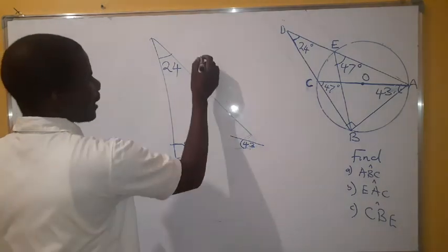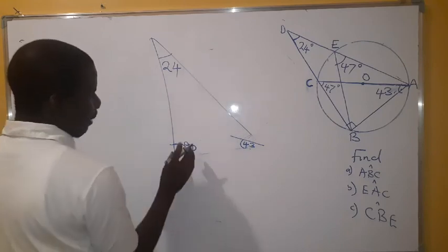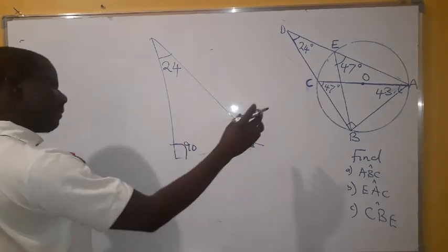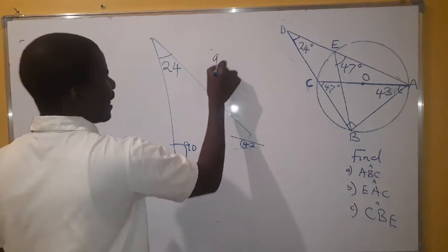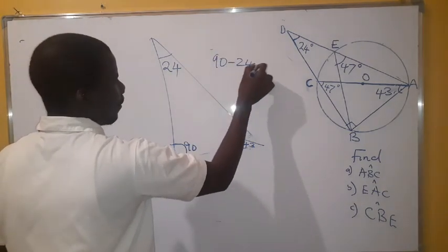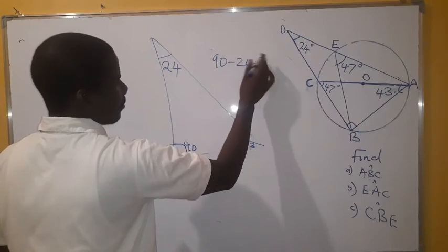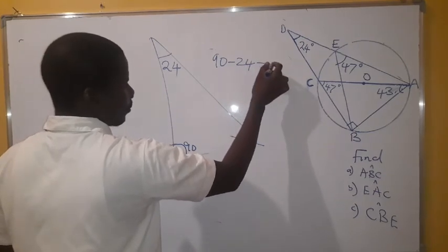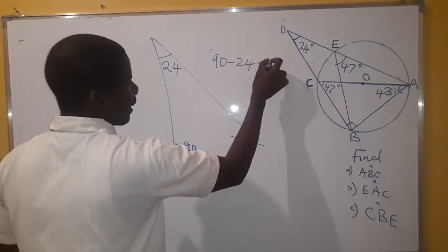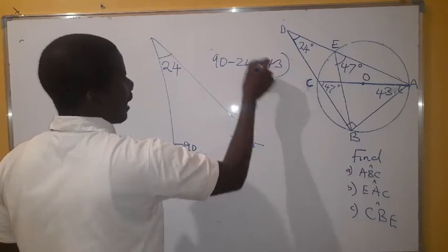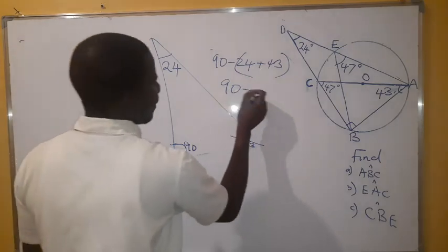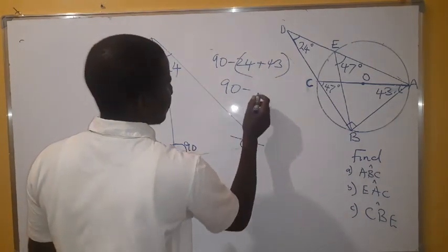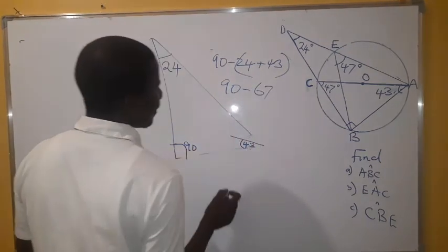So we already have 90. This 90, I've subtracted it from 180. I'm remaining with the other 90. So we have 90 minus 24 plus 43, I put this in brackets. 90 minus 67.